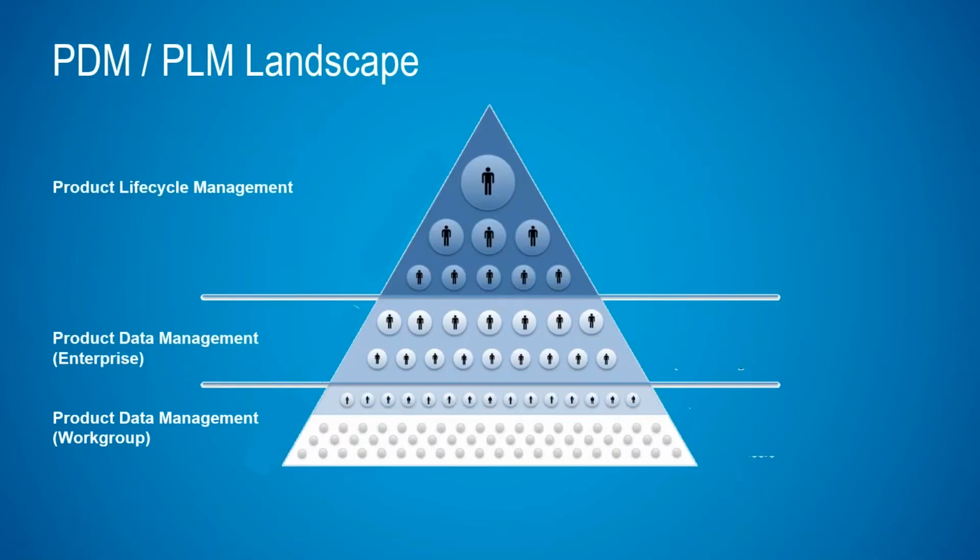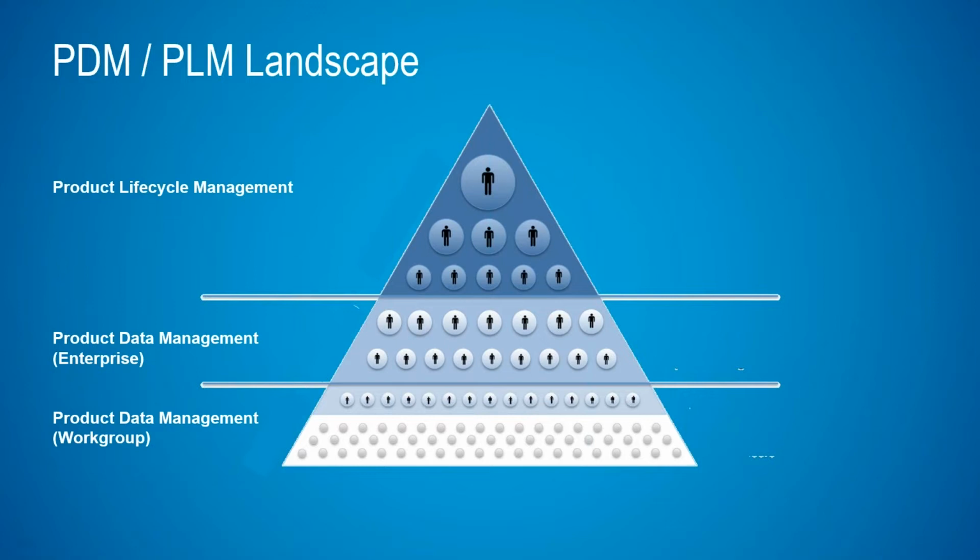So in the landscape, if you will, of PDM and PLM systems, going from the base, which is perhaps less capable, less costly, and easier to implement, to the higher level where you increase all of those things. You start with a work group data management solution, which is really for an individual engineering group or a single site.